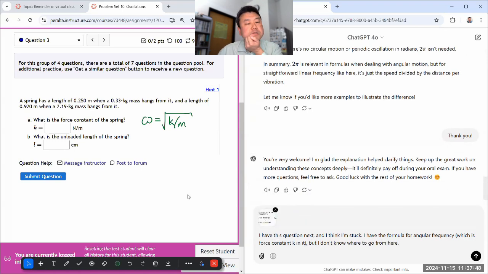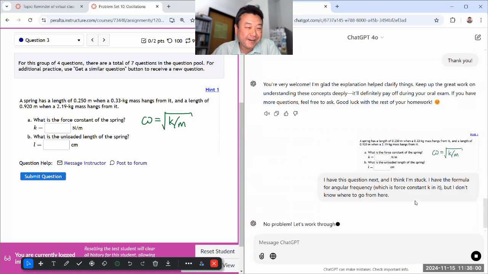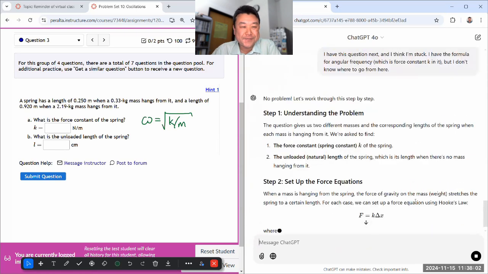And actually, for this question, I don't think you are ever going to use this because they don't ask a frequency question. You've got to set up a system of equations and do something else. This is actually a hard question, so let's see if ChatGPT can help me test a student through it.